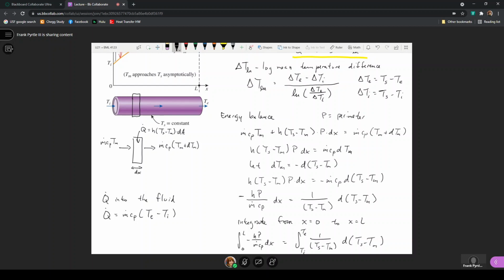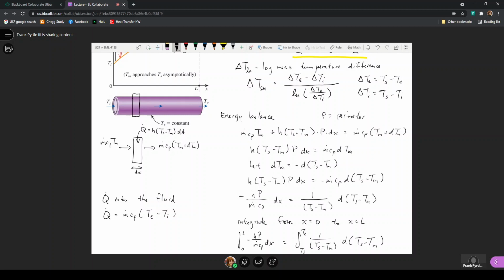So that becomes an expression that allows us to define a heat transfer rate, whether we know how heat is being delivered or not. This expression of a change in energy of the fluid is a representation of all the heat that goes into that pipe.